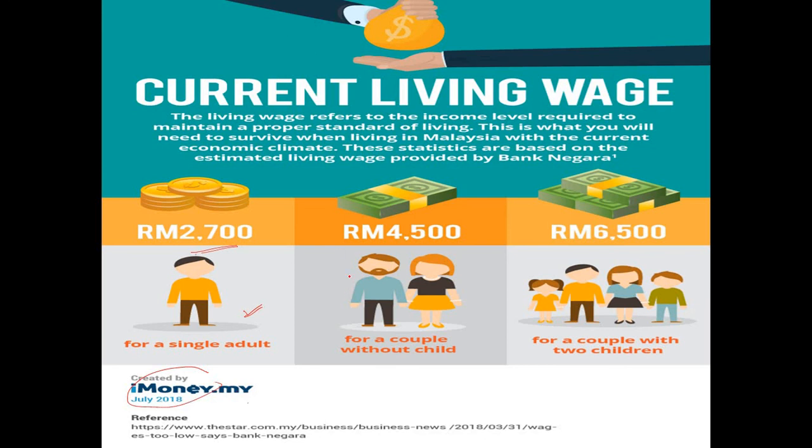So this is the estimation for a couple without children, and this is a couple with children. So you see, this is what we call the living wage, for the citizen to have a proper standard of living.